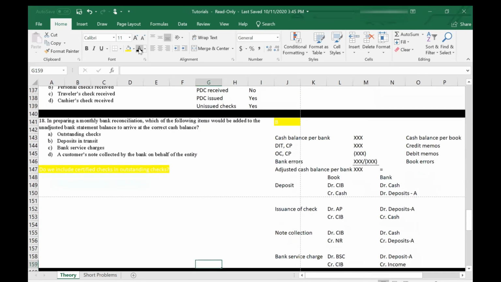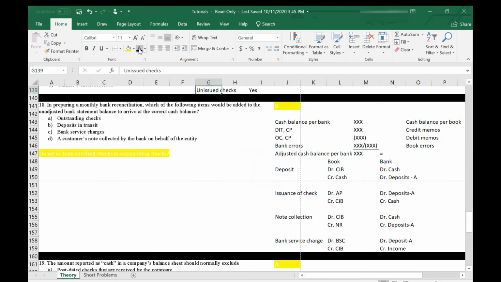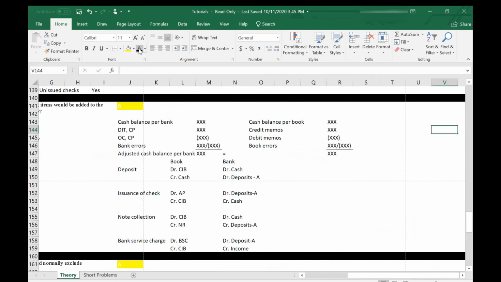Number 18. We're doing the bank reconciliation. In preparing a monthly bank reconciliation, which of the following items would be added to the adjusted bank statement balance to arrive at the correct cash balance? In doing the bank reconciliation, I usually just follow this method.